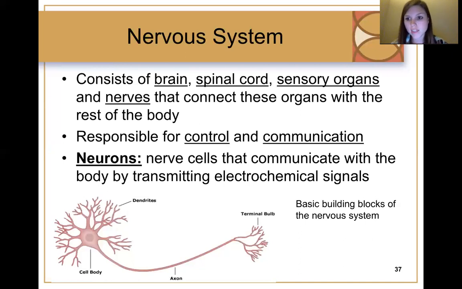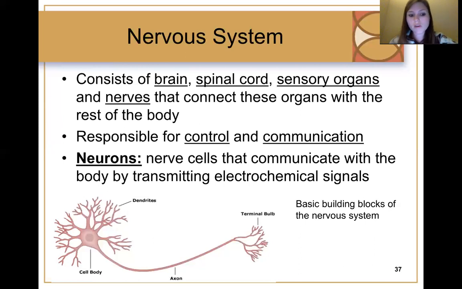Remember I said that the cells make up the different organs, and every organ system has its own term for the cells in that system. So the neurons are what we call nerve cells. N and N, pretty easy to keep straight. The neurons are nerve cells that communicate with the body by transmitting electrochemical signals, and they're the basic building blocks of the nervous system.